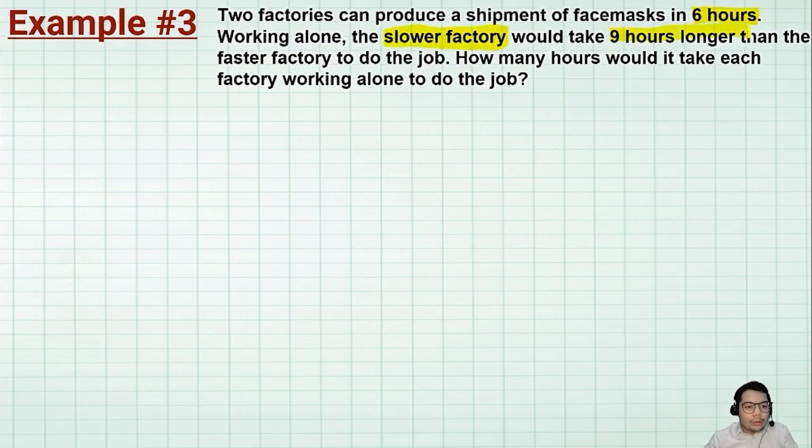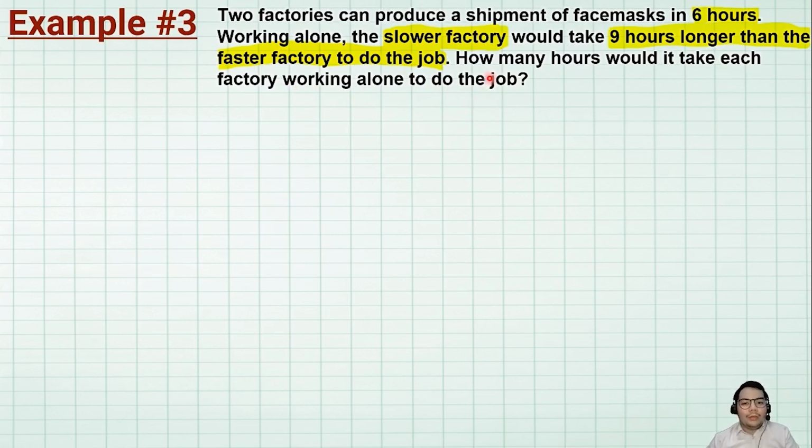So, mas matagal nga naman siya, siyempre slower factory siya eh, 9 hours longer than the faster factory to do the job. Yan yung isang mga importanteng details dun sa problem natin. Then, we are asked to find the individual time in finishing if the factories work alone.